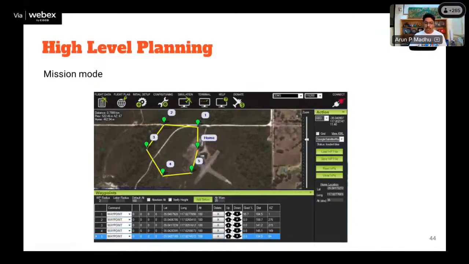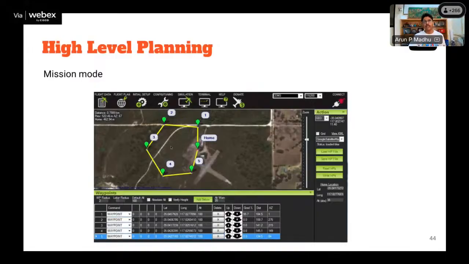You don't have to control the drone to go between these points. You just have to give the GPS locations, and it will go and come back. So if you are interested in this, you can Google Mission Planner and get more ideas about this. And yeah, this is called mission mode.